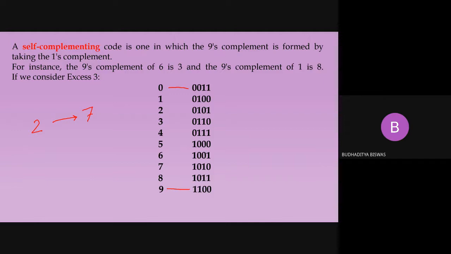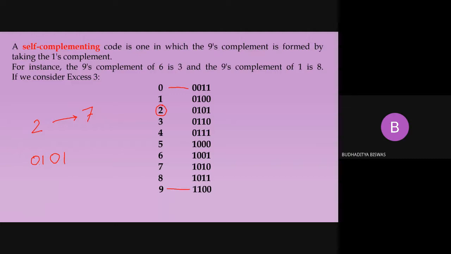Okay, very good. So here you see this is actually our 2. 2 in XS3, how much is written? 0 1 0 1.